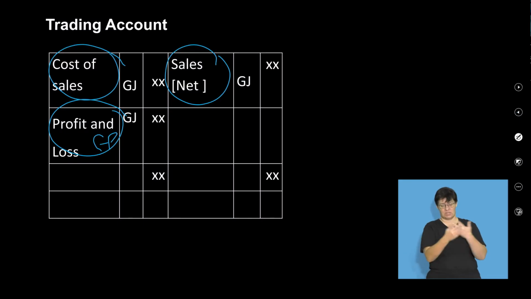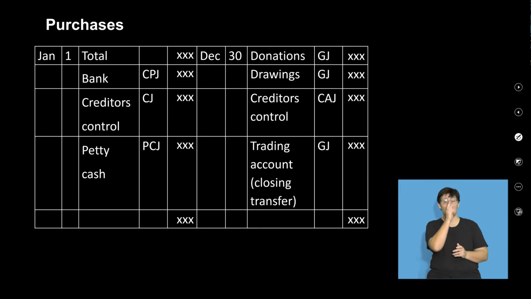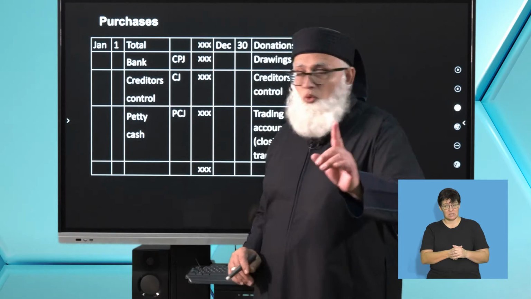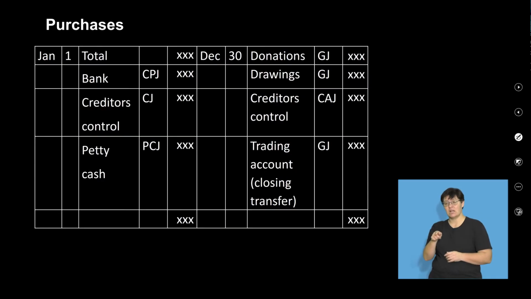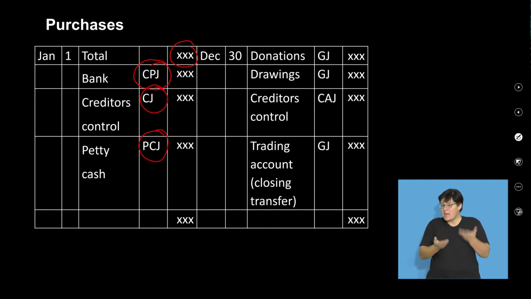However, when you're looking at the purchases account, when you're using a periodic inventory system, watch, there's your total that you brought forward from the previous financial year, right? Then your bank, which is your cash purchases, your credit purchases, and you may have bought goods from petty cash.